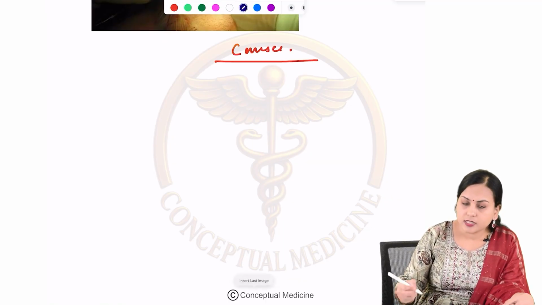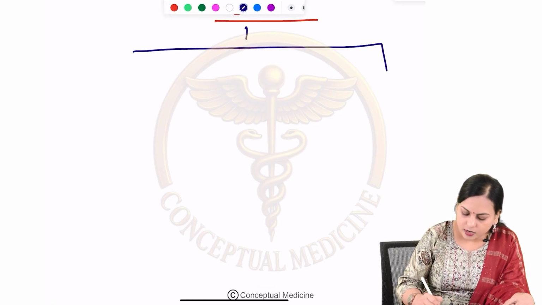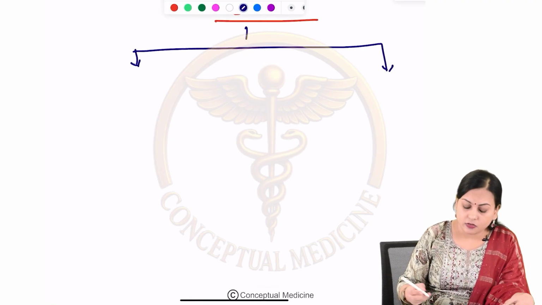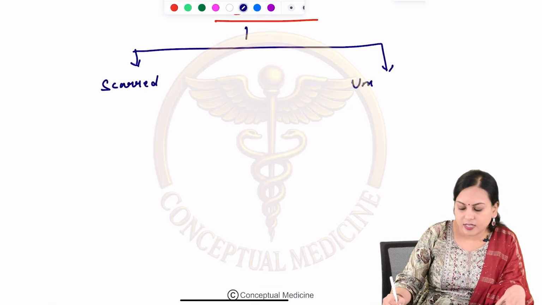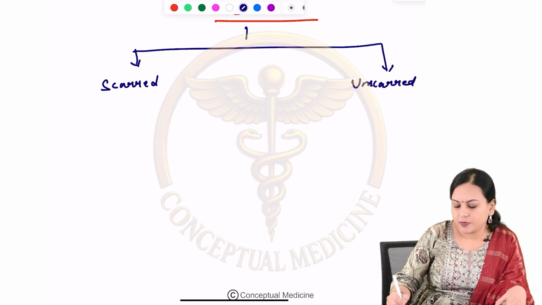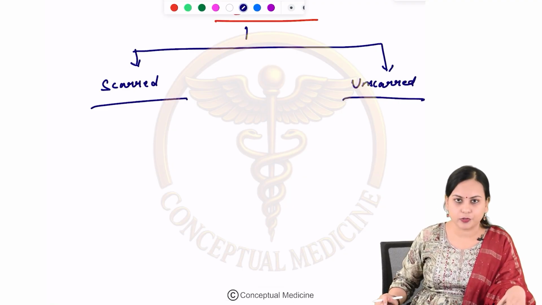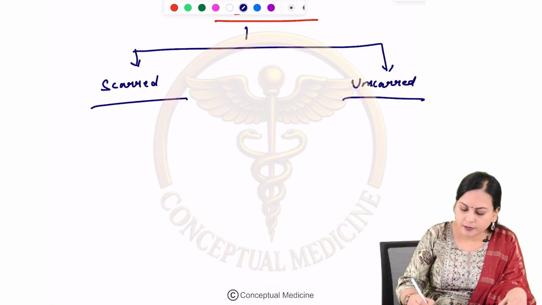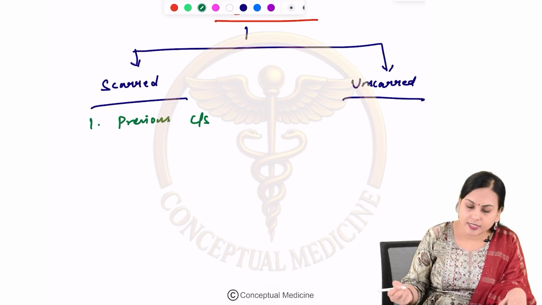Okay. Causes of uterine rupture can happen in case of scarred uterus, but yes, this may be new to you, that rupture in case of unscarred uterus is also possible, right? So, we will see what are the causes of scarred uterus. Definitely we know it can be a previous cesarean section scar.